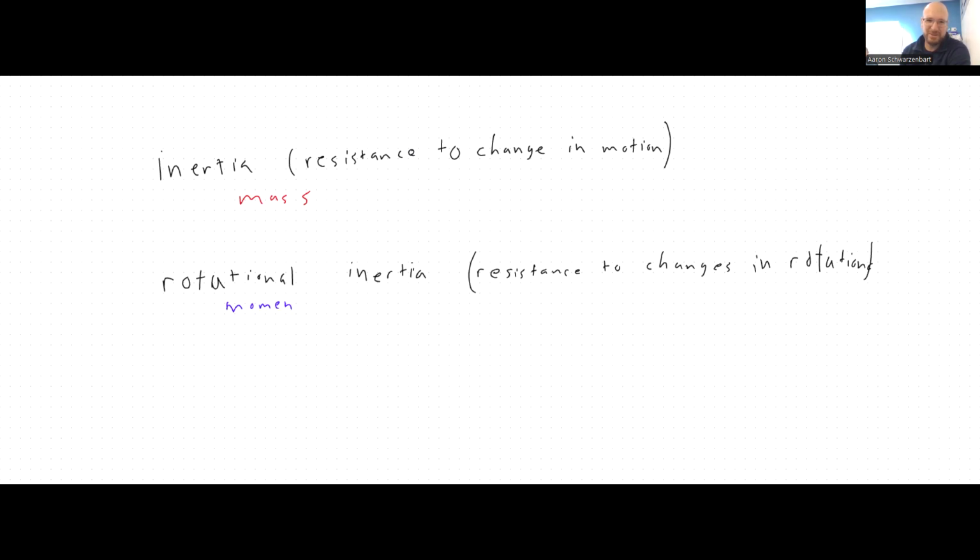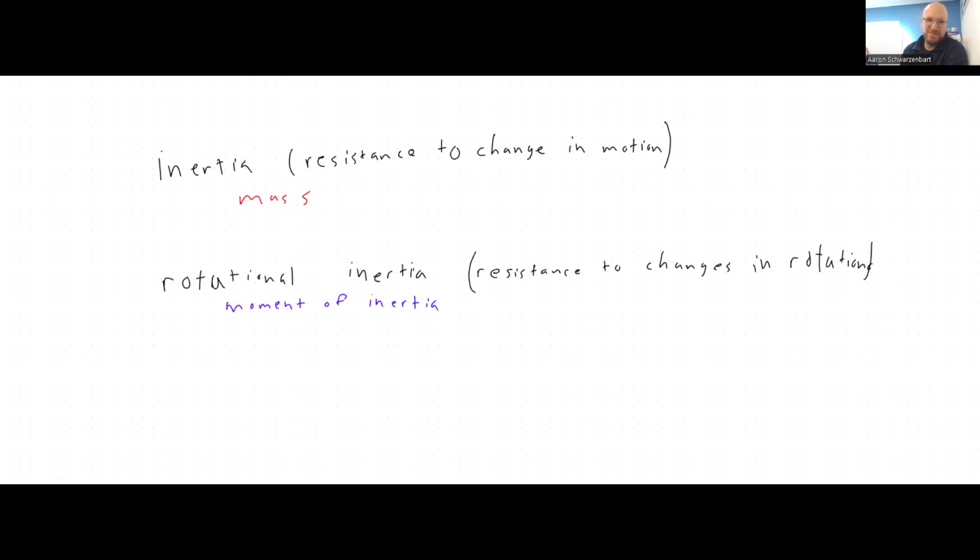Our physics book here calls it rotational inertia. A lot of physics books will call it moment of inertia. If you become an engineer, which I think some of you probably will, they'll often turn it into moment, which is just short for moment of inertia. Okay?